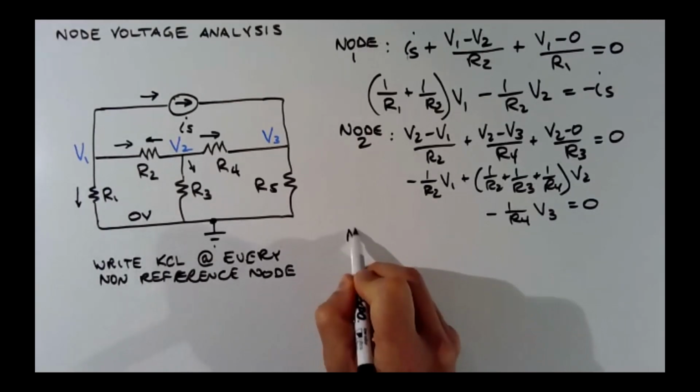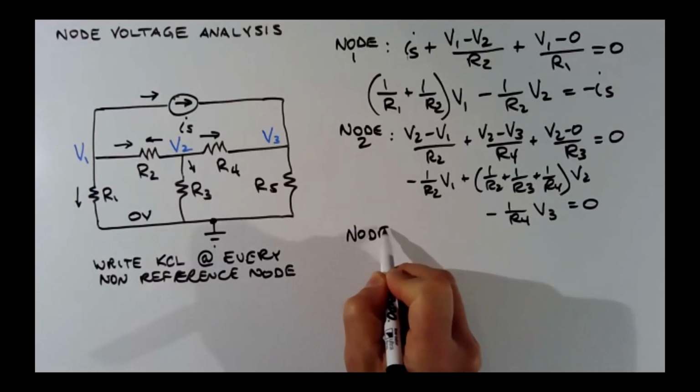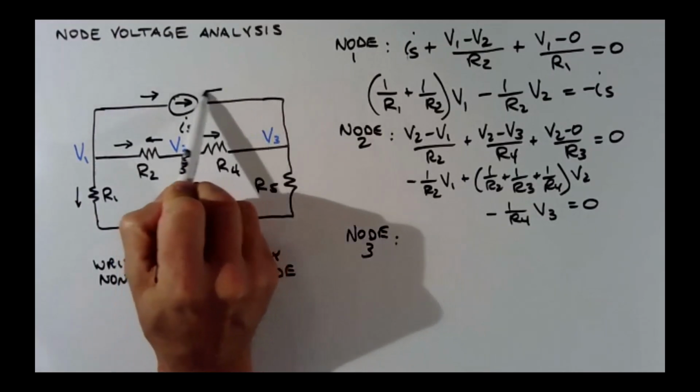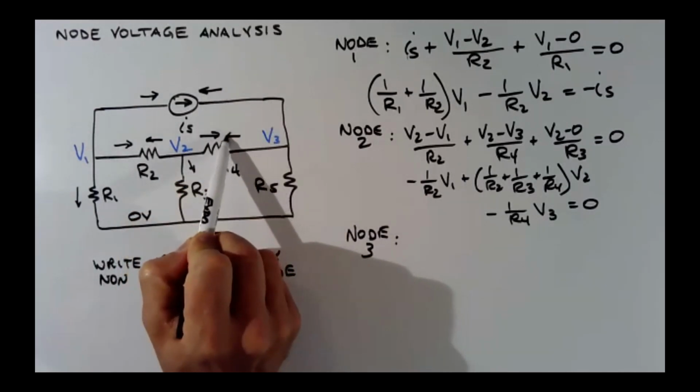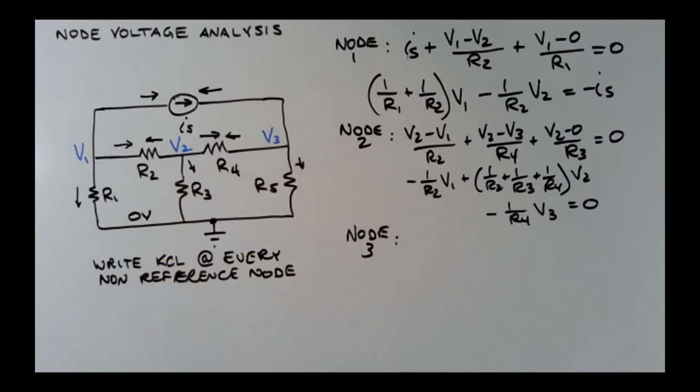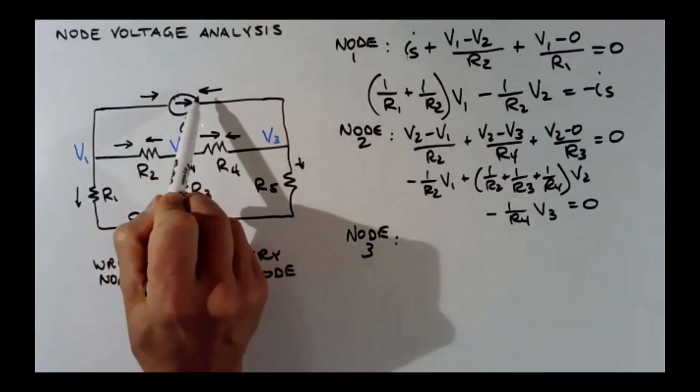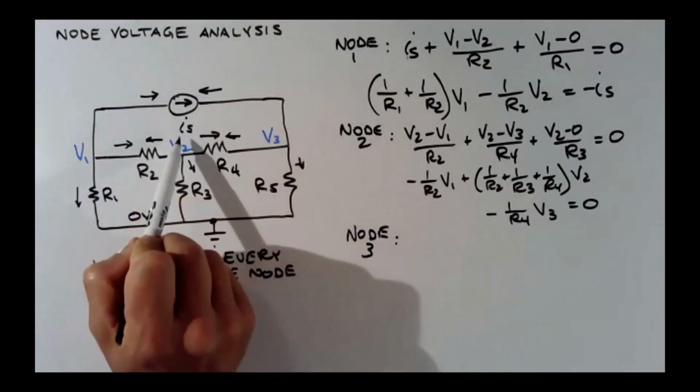And so finally, we get an equation for node 3. So node 3's equation: again, sum the currents leaving. It's kind of repetitive here. So the current leaving through the top branch is negative IS.